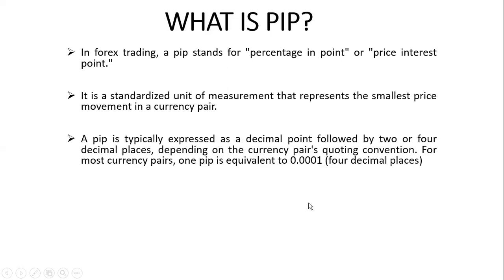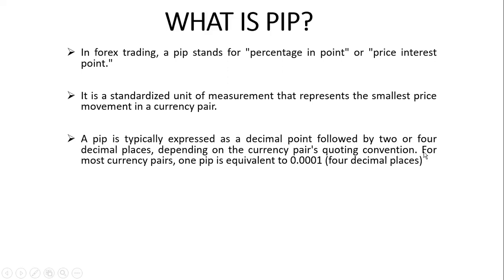Now, a PIP is typically expressed as a decimal point, followed by 2 or 4 decimal places, depending on the currency pairs.